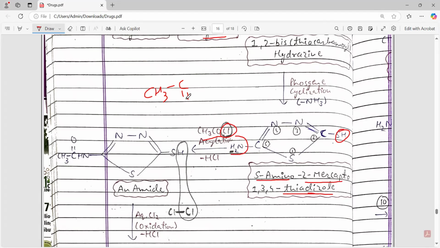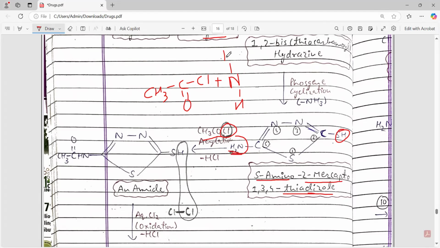So I'm writing the CH3COCl, having here the NH2 there.